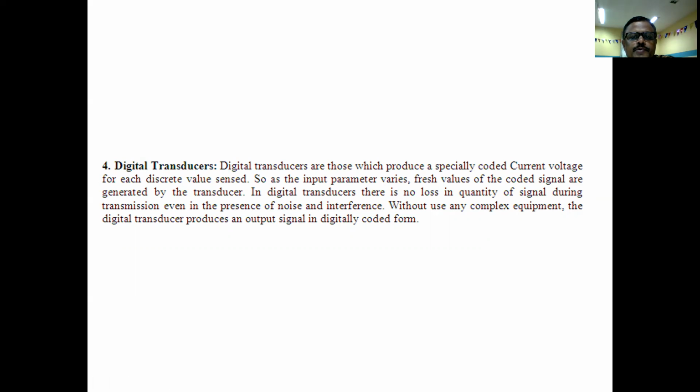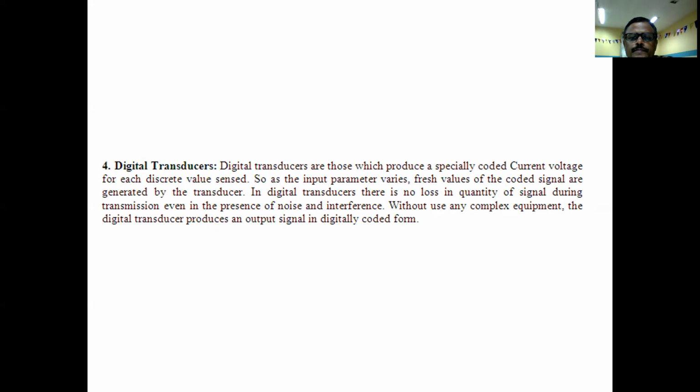So, as the input parameter changes, the fresh value of the coded signal are generated by the transducers. In digital transducers, there is no loss in quantity of signal during the transmission, even in the presence of noise and interference.